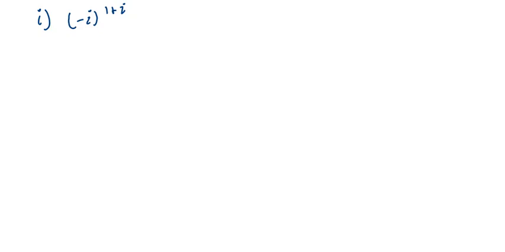In short, my a is the power, because you have z to the power a. So my a is equal to 1 plus i. Then what about my z? z is equal to minus i.